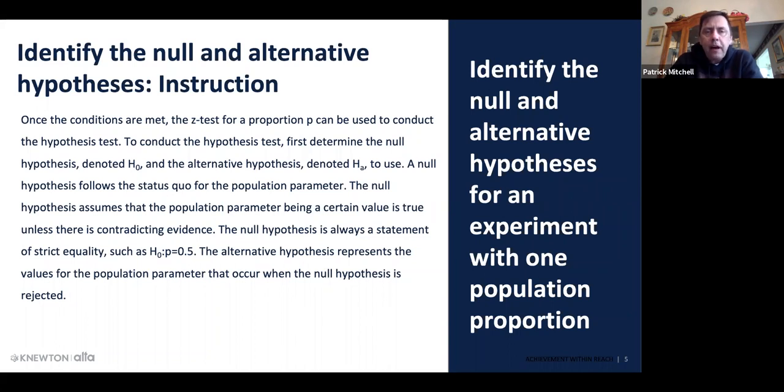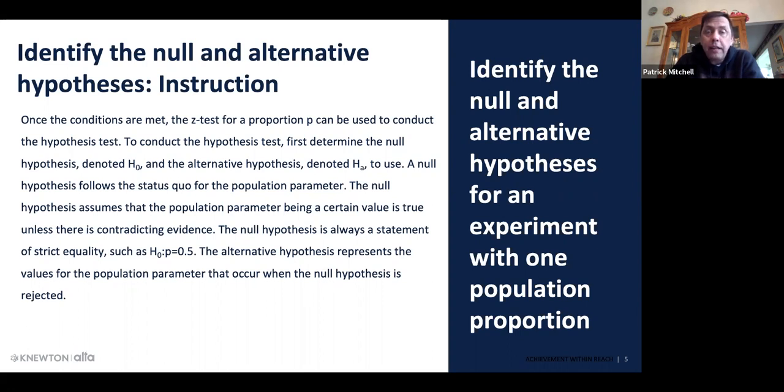To conduct the hypothesis test, first determine the null hypothesis, denoted H sub 0, like before, and the alternative hypothesis, denoted H sub A. A null hypothesis follows the status quo for the population parameter. So we've said before that the null hypothesis is sort of like a status quo. The null hypothesis assumes that the population parameter being a certain value is true unless there is contradicting evidence.